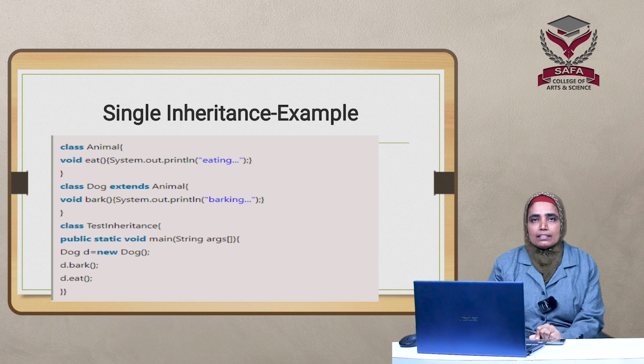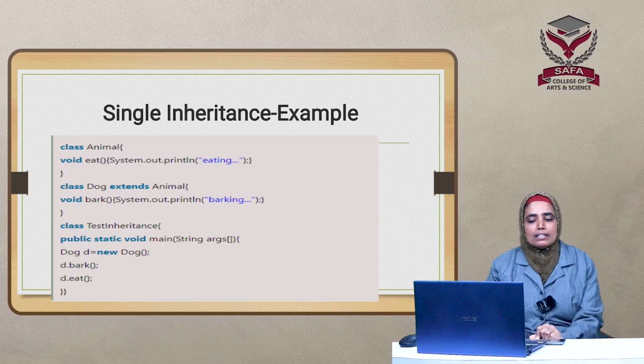Let's see the example for single inheritance. In this example, we have 3 classes. Here, dog can access the properties of the animal class. This is all about single inheritance.